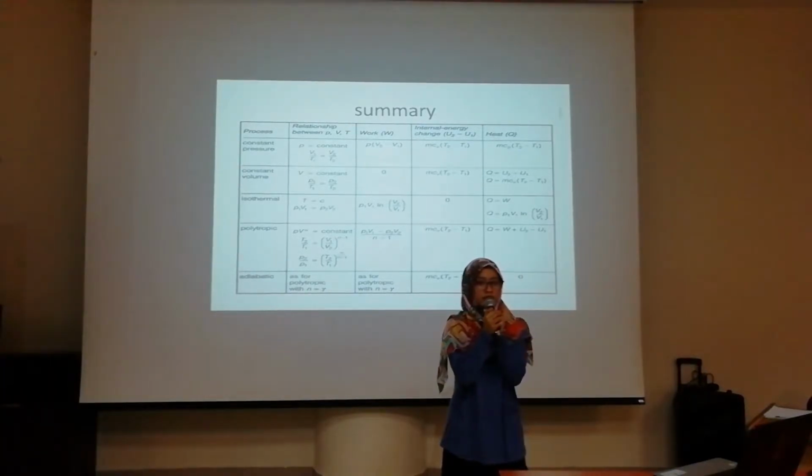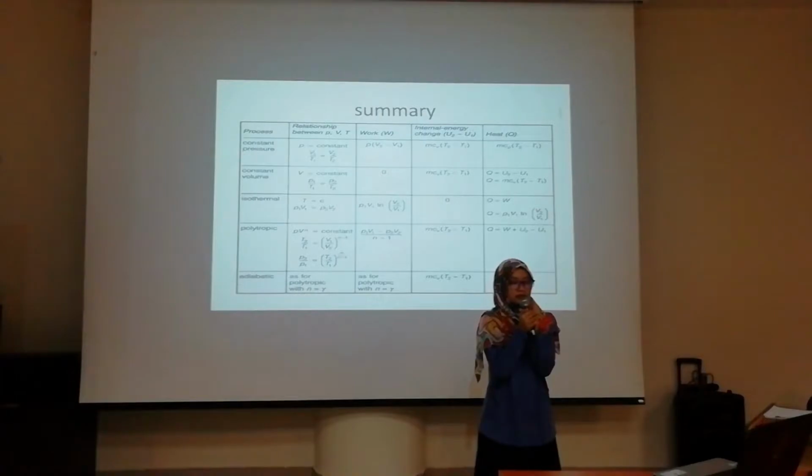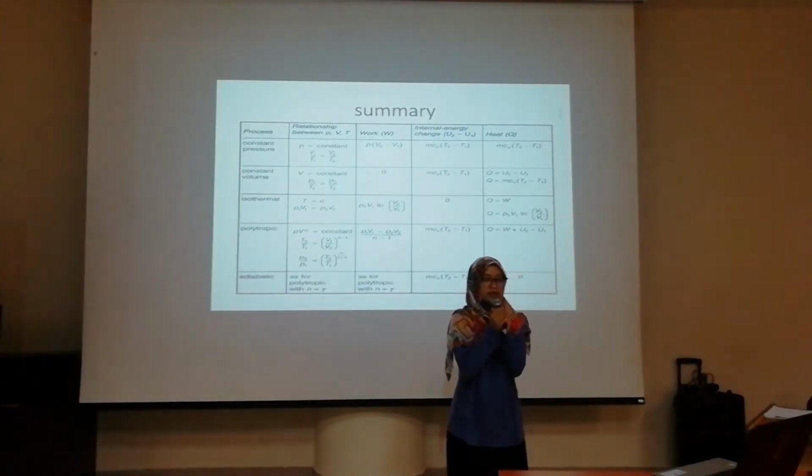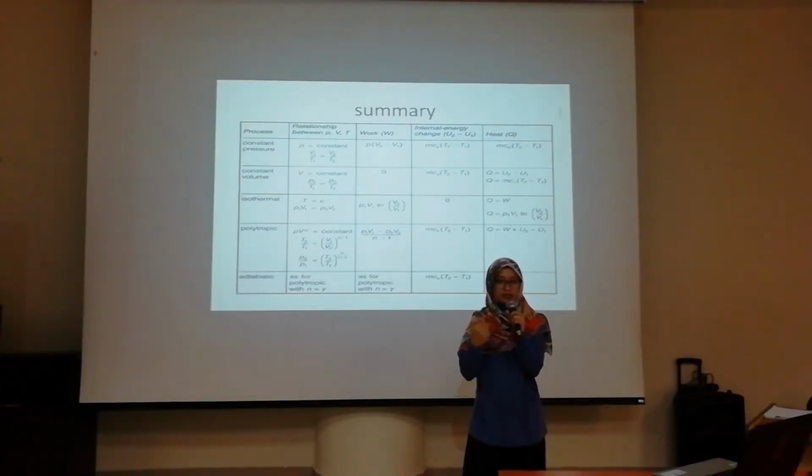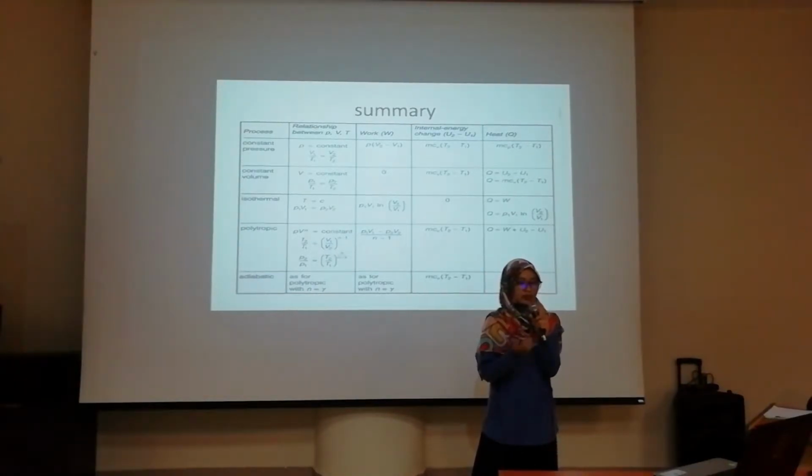For constant volume, the volume is constant, and the relationship for P, V, and T is P1 over T1 equals P2 over T2. Work is 0 because there is no work in a constant volume process.